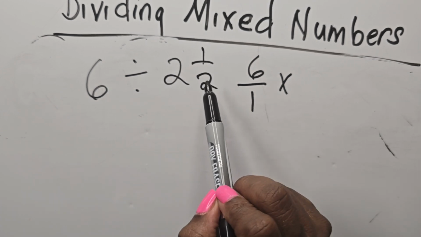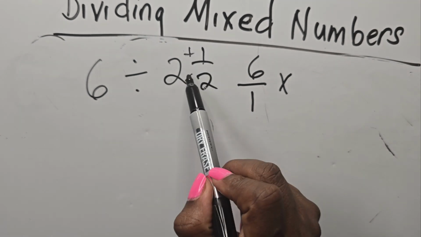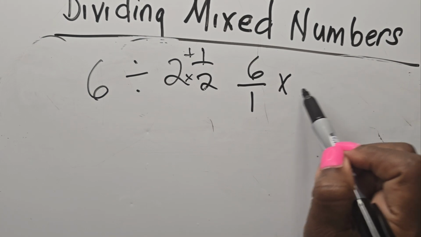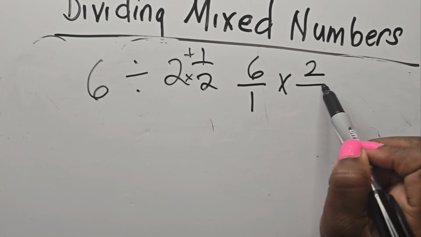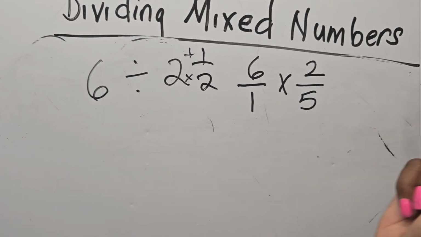So let's rename together. 2 times 2 equals 4 plus 1 equals 5 over 2. But I'm not going to put 5 over 2. I'm going to flip it. It's going to become 2 over 5. I flipped it.